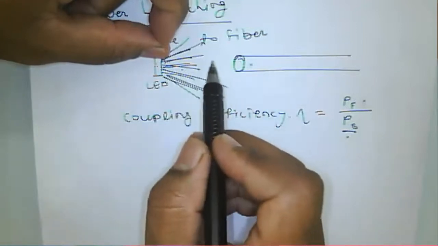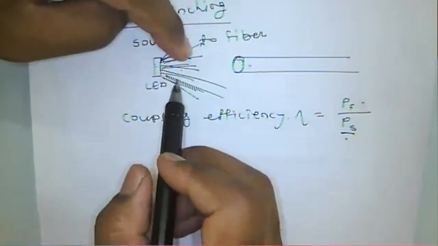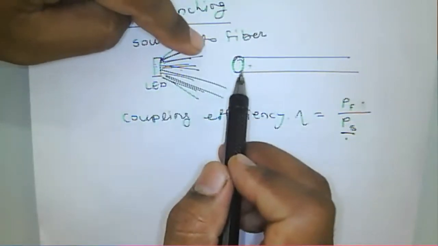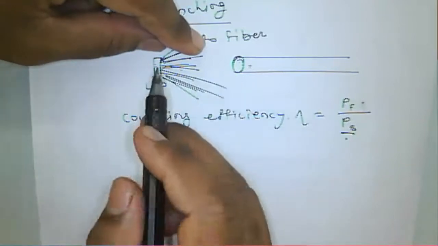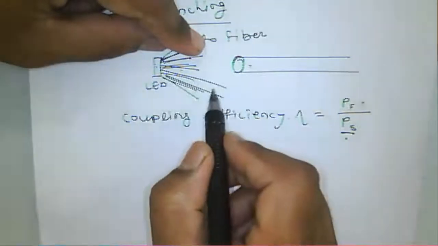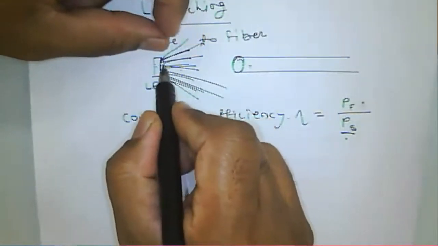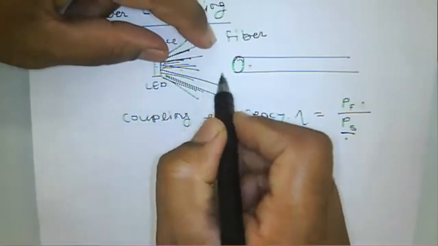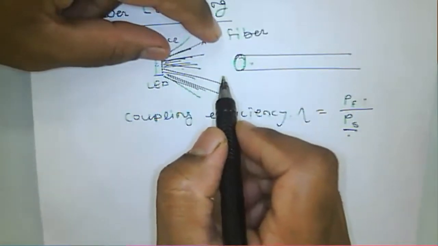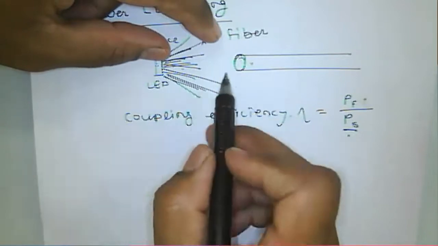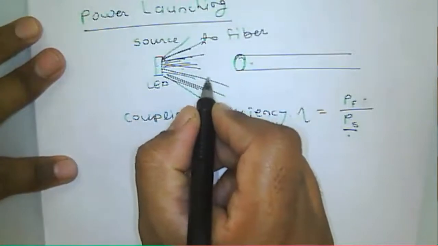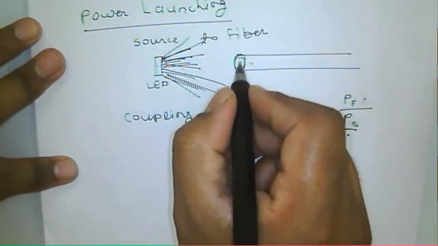When we connect a fiber, or when we launch power from the source to the fiber, we need to consider the core size of the fiber. Even if it has a fiber with the source, we need to consider the core size of that fiber. And then we should know the core refractive index of the given fiber.